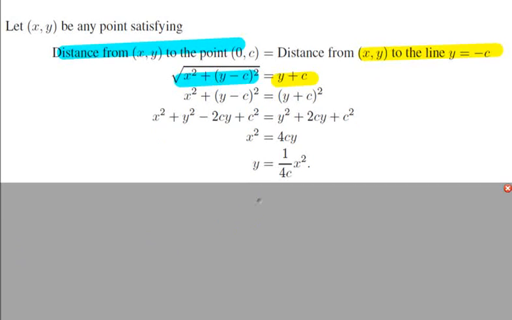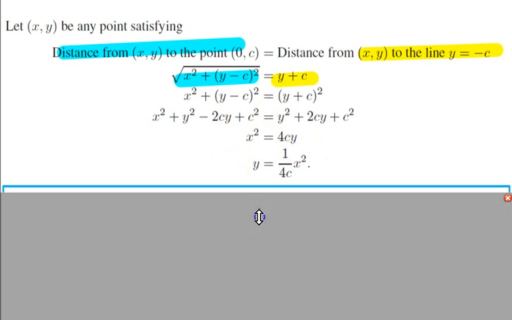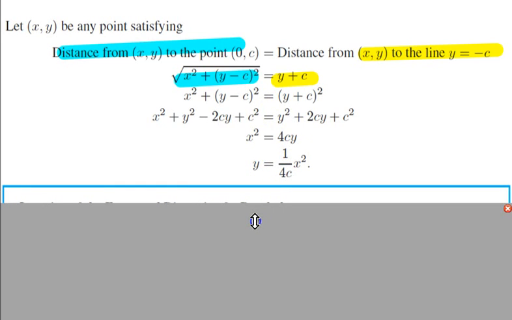So if I know what the location of the focus is, and I know where the directrix is, in other words, there's c away from the vertex of the parabola, then I can represent that relationship using this equation. This equation will change if the focus is not on the vertical axis, but on the horizontal axis. It will be x is equal to 1 over 4c y squared.